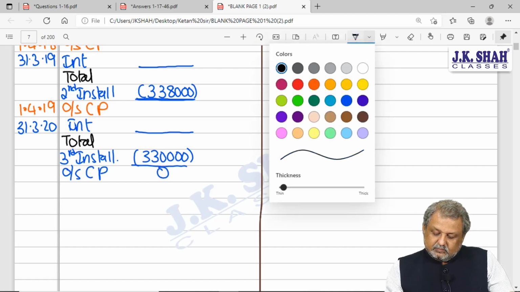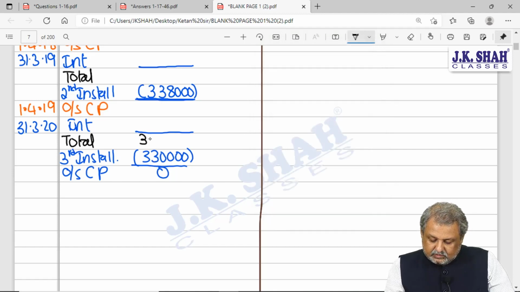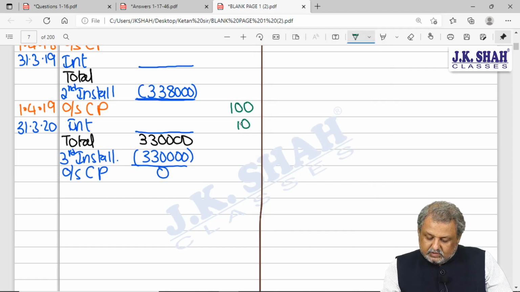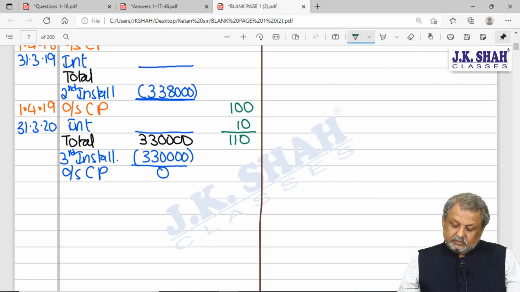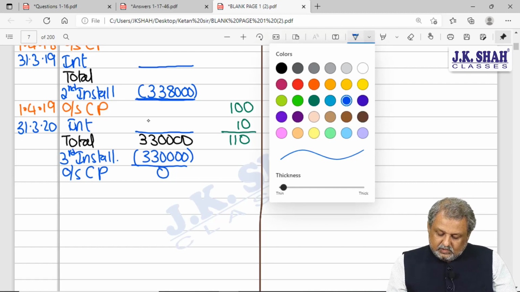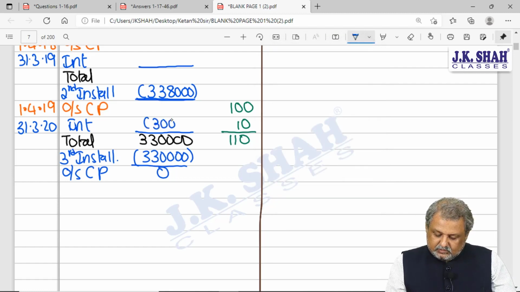So now, when we go reverse working, since the outstanding cash price is 0, this amount should be 3,30,000. Interest is 10%. So assume this outstanding cash price as 100. This is 10, this is 110. So do the reverse working. You will get interest as 30,000, so the principal as 3 lakhs.